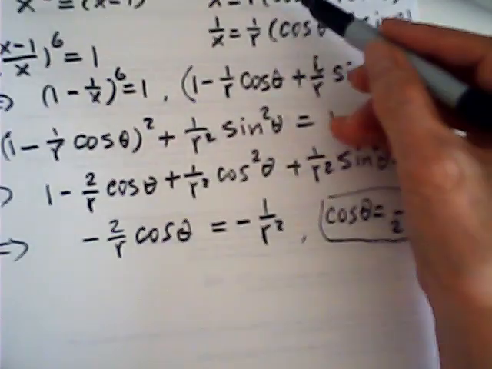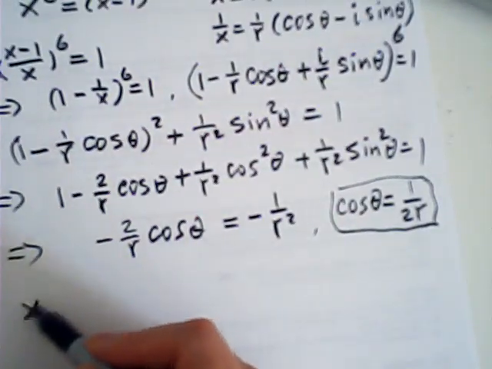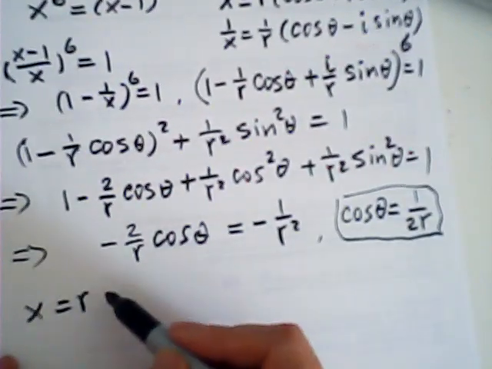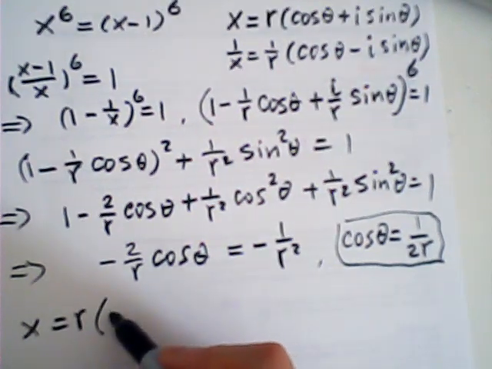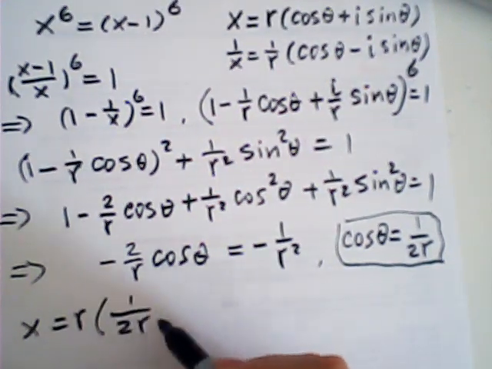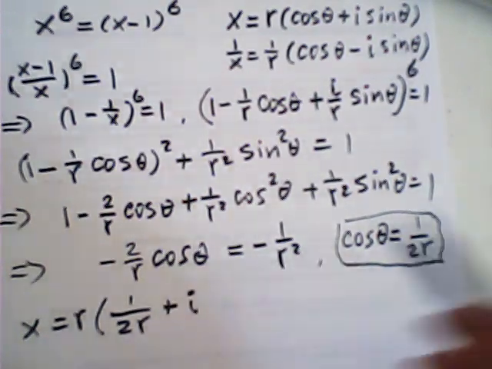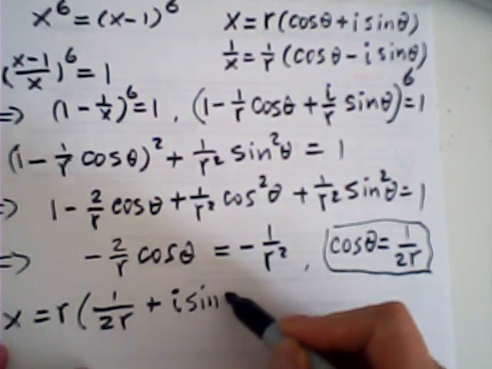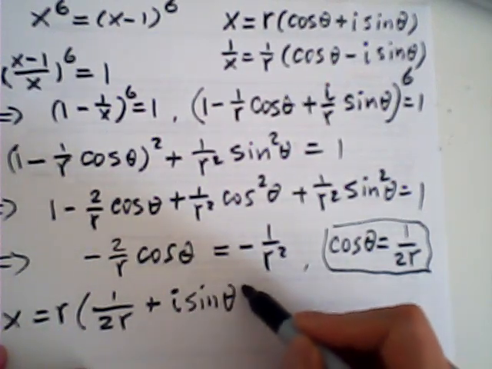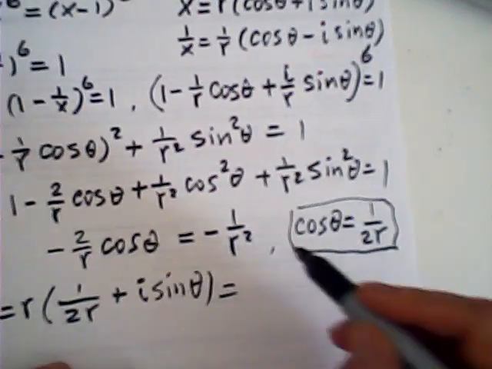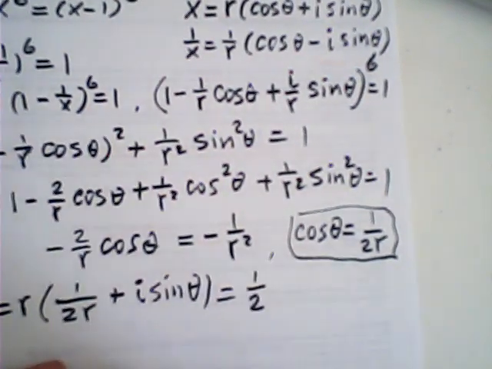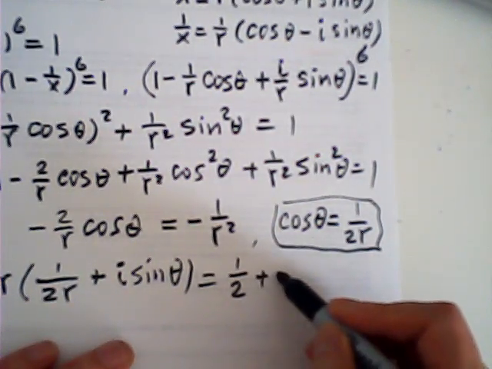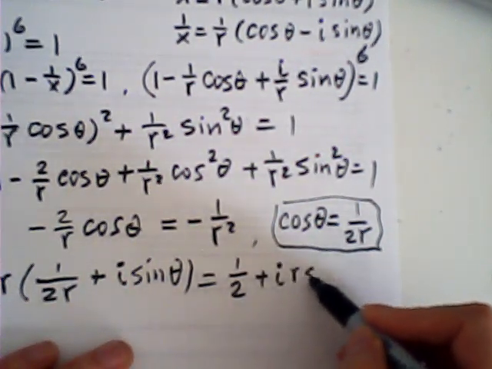And then we plug this back into x, so x is equal to r times 1 over 2r plus i sine theta. Yeah, this is equal to 1 over 2 plus i r sine theta.